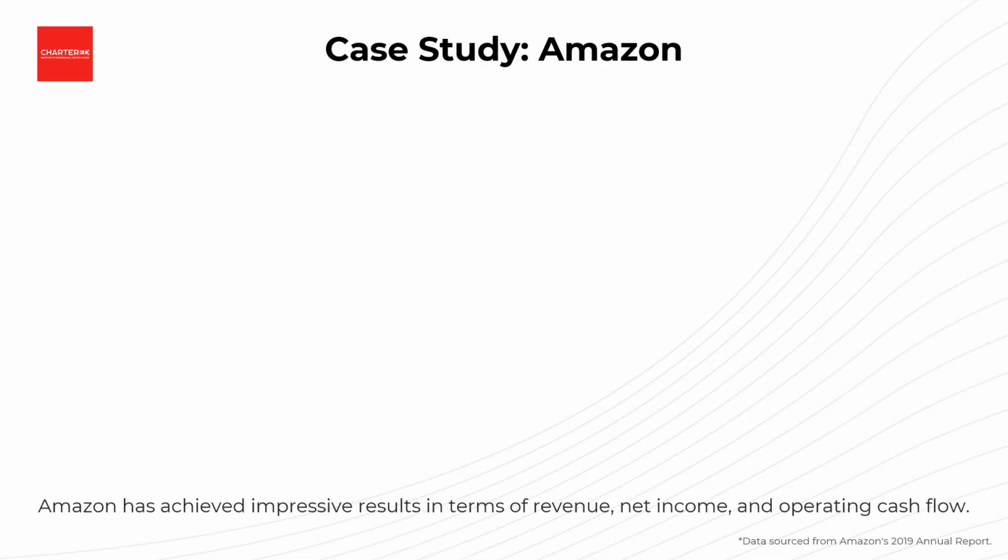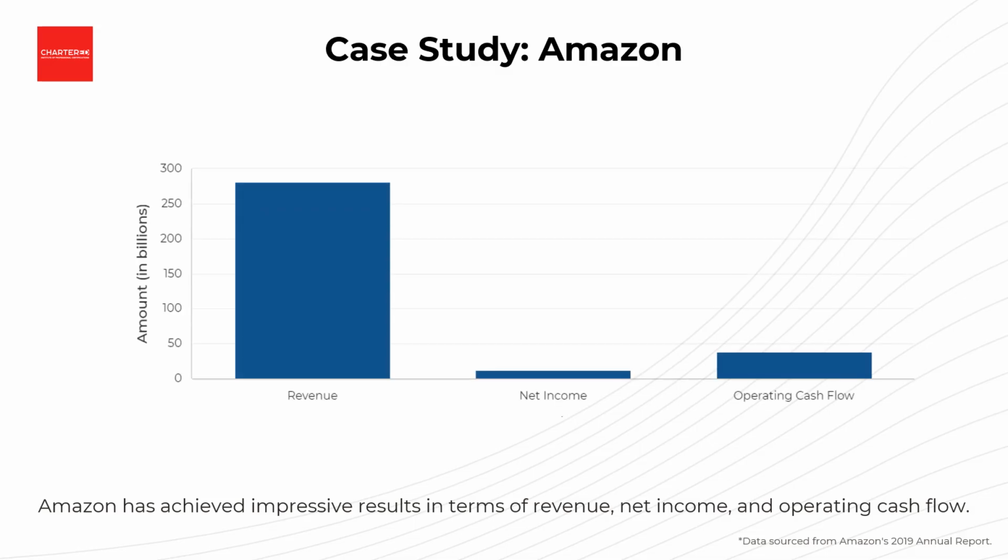Now we will look at the case study of Amazon and a key performance indicator that was successful within their strategy. Now, implementing key performance indicators for supply chain optimization is a strategic approach that allows businesses to measure and evaluate their supply chain operations effectiveness.